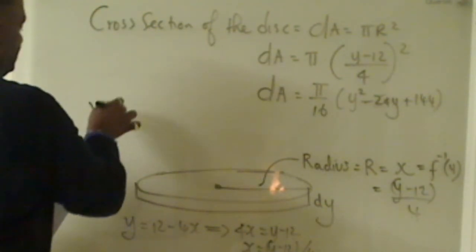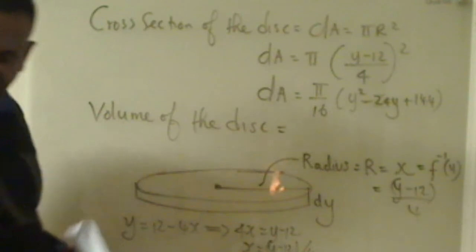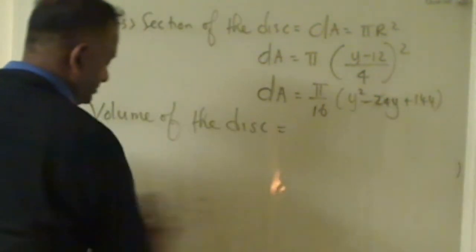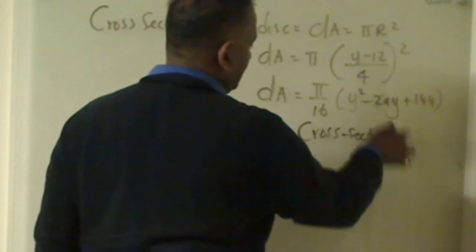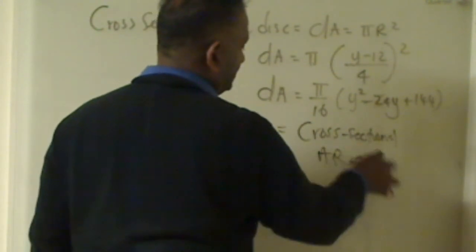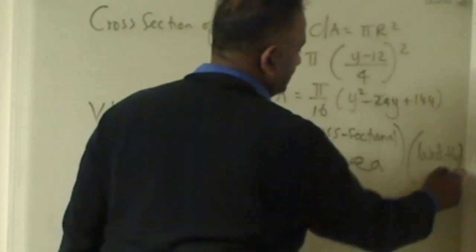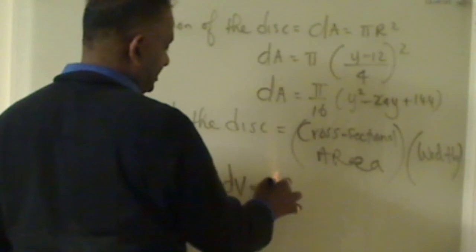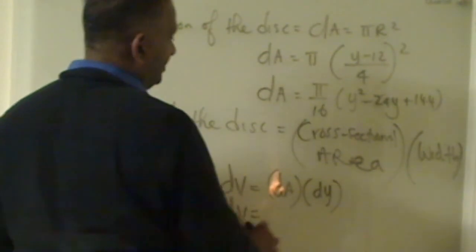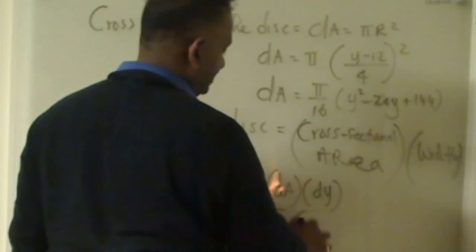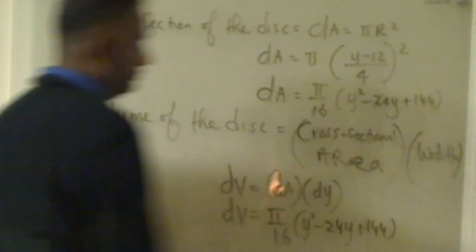And then let's go to the volume of the disk, which is given by the cross-sectional area times the width. dV equals dA times dy, so dV equals pi over 16 (y squared minus 24y plus 144) times dy.